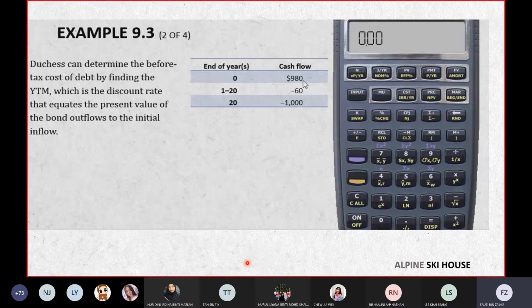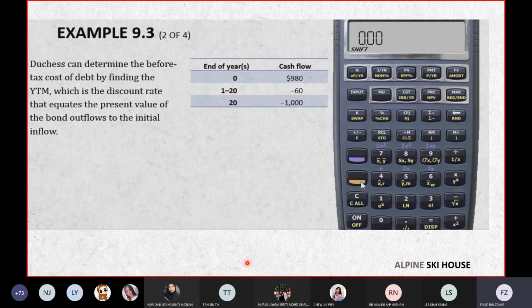We're going to input the present value as $980, which is the issuing of the bond discounted at $20, the period is 20 years, and the coupon rate is 6%, so it's going to be $60 every year, and the par value at the end of the 20th year is $1,000.